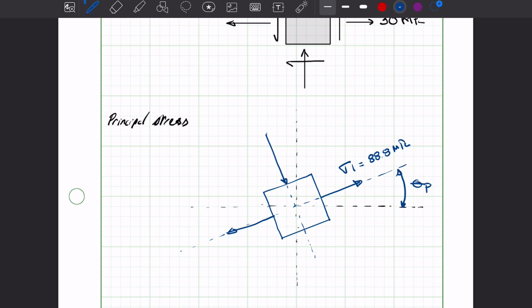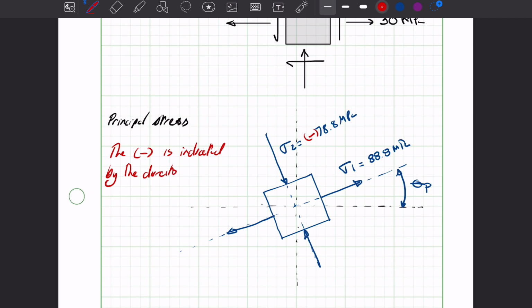negative in this case. It would be my second principal stress, sigma 2, minus 78.8 megapascals. Actually, I should say this: this is not just minus, I'm going to put it in red. I don't draw the minus if I flip the arrow. So the negative is indicated by the direction of the arrow.